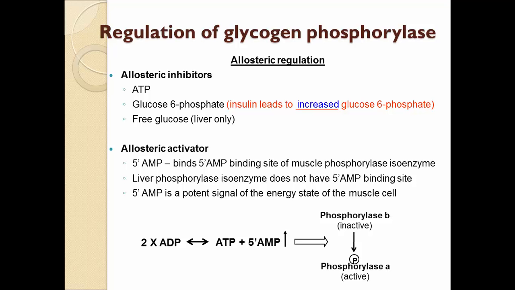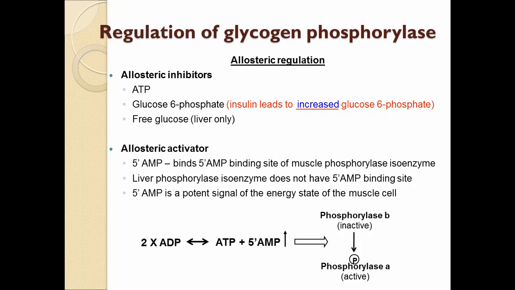In addition to the phosphorylation mechanism that can regulate the enzymes, allosteric regulation also occurs in glycogen metabolism. For example, the three substrates are important allosteric inhibitors: ATP, glucose 6-phosphate, and free glucose, right?